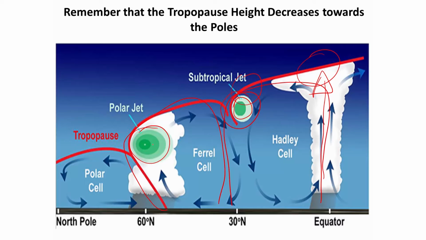This has lots of impacts on the weather and climate of higher latitude places like Europe and US. So, this is again where rain is possible because the polar cell meets the Ferrel cell. So, the Ferrel cell is going this way. Long story short, the tropopause actually drops as you go from the tropics to polar latitudes.